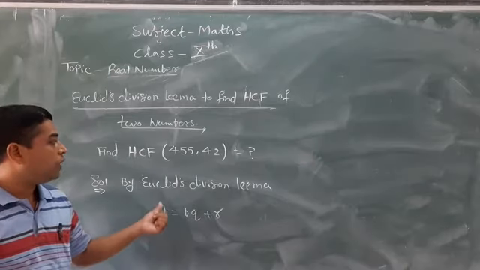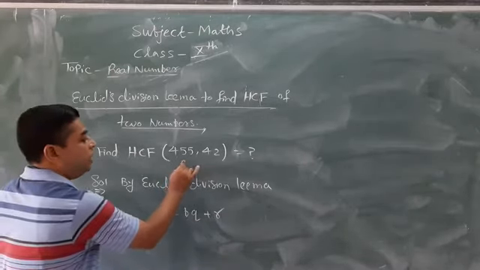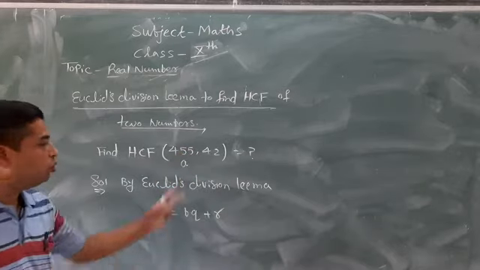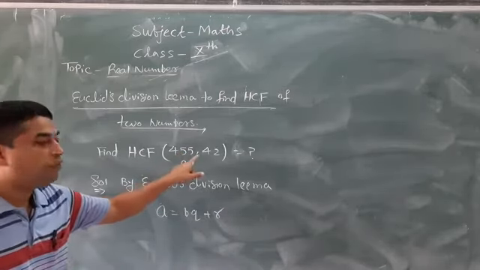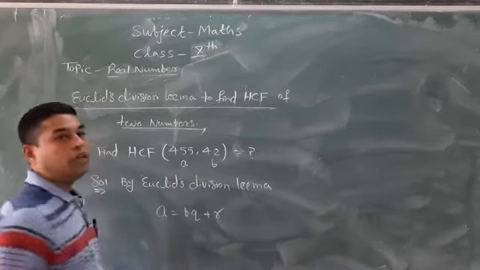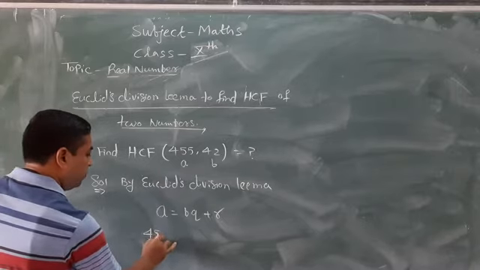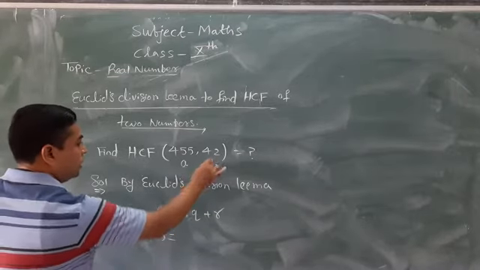The bigger number out of the given numbers, 455 and 42, we will take as a, and the smaller number as b. So in place of a put 455 and in place of b put 42.